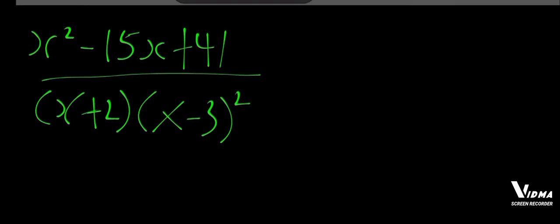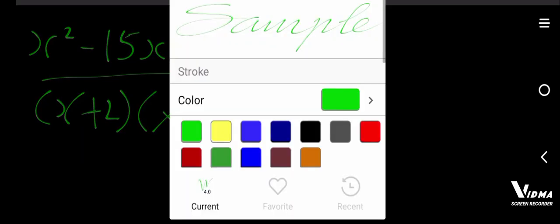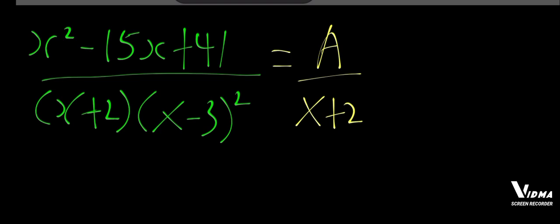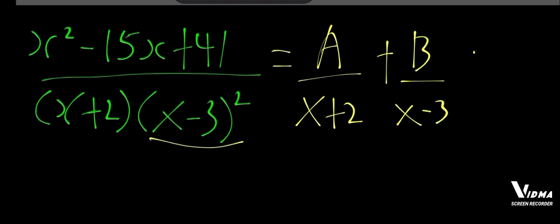Hello to you again. This is going to be one last tutorial I do on this concept. So when we have a question like this, we all know it will end up to be a over x plus 2, and since we have a repeated denominator here, plus b over x minus 3 plus c over x minus 3 squared.